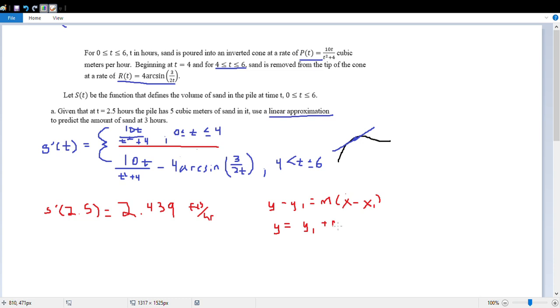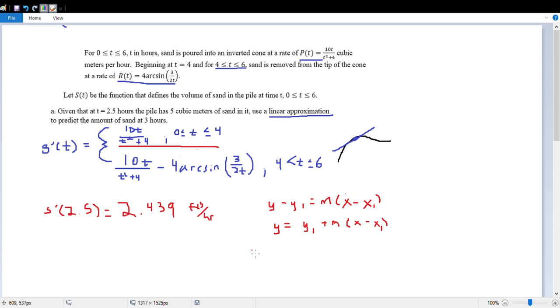And we get this idea that the y-coordinate, the amount of sand that we have right now, plus the rate of change in the sand times the amount of change in the time will give us the amount of sand that we have in the future, or at least an estimate of it.